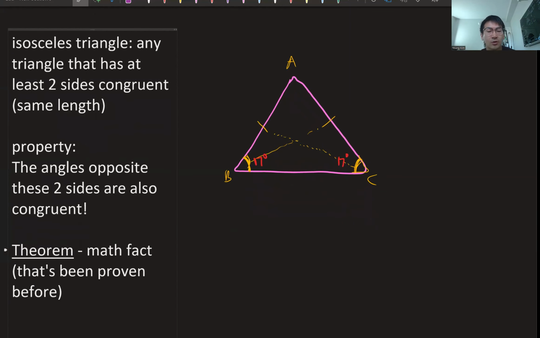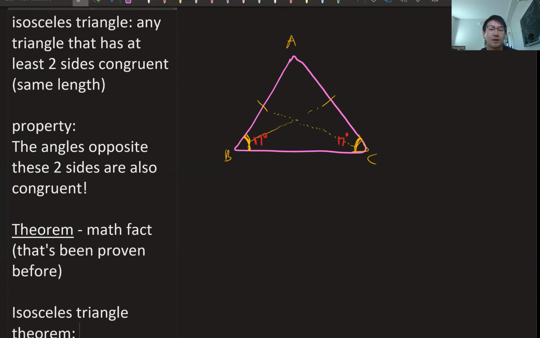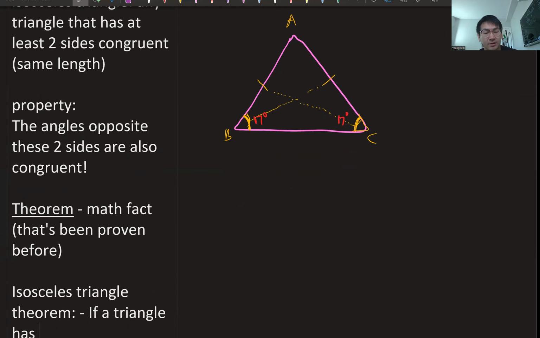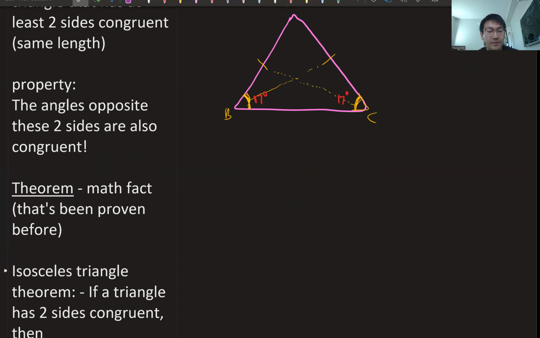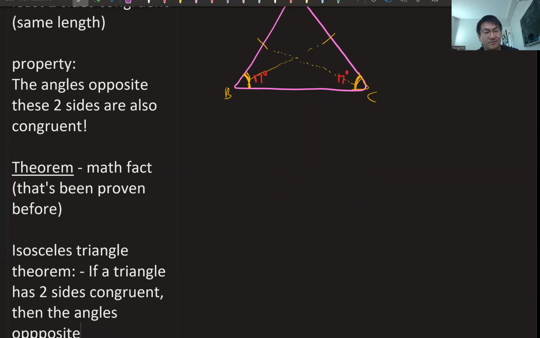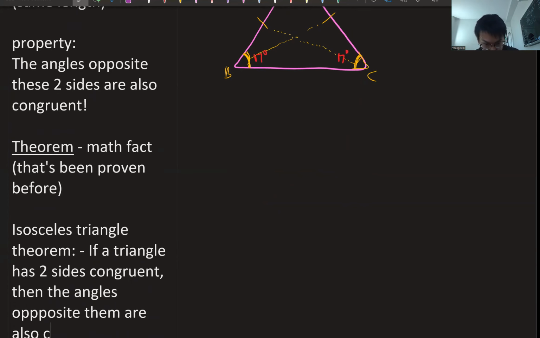If you Google the isosceles triangle theorem, they'll say something like, if a triangle has two sides congruent, then the angles opposite to them are also congruent.